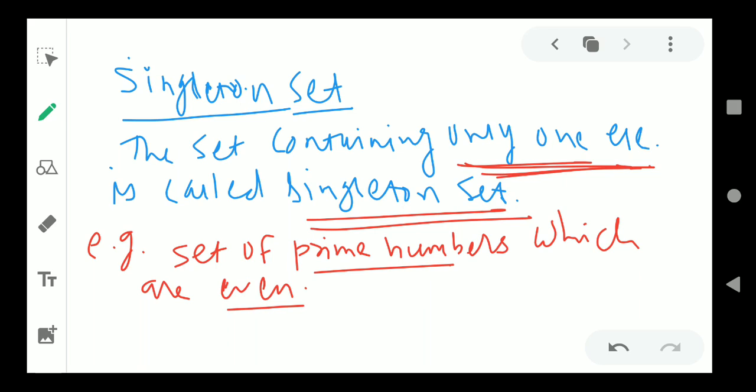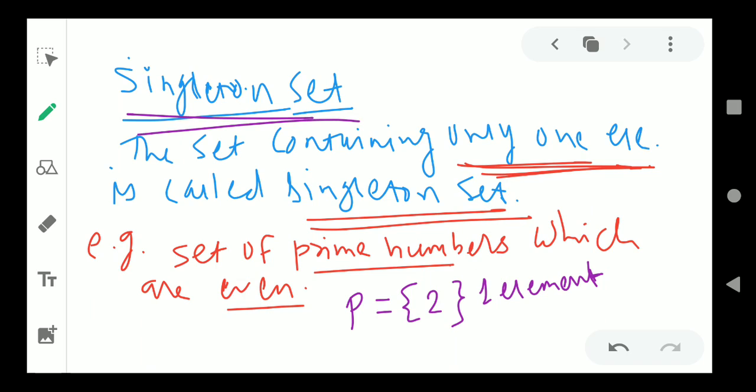So let's take the name of our desired set as P in capital letters, and we can write 2 as our element because 2 is an even prime number. Here you can see we have only one element, so it is an example of singleton set. You can think of other examples of singleton set.